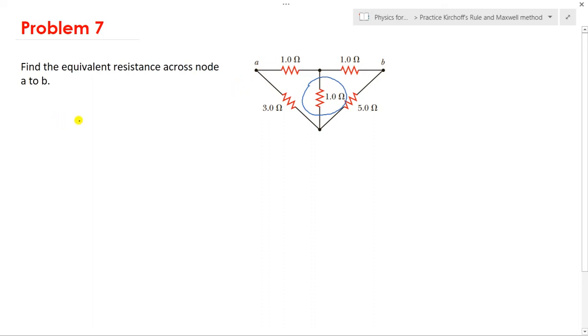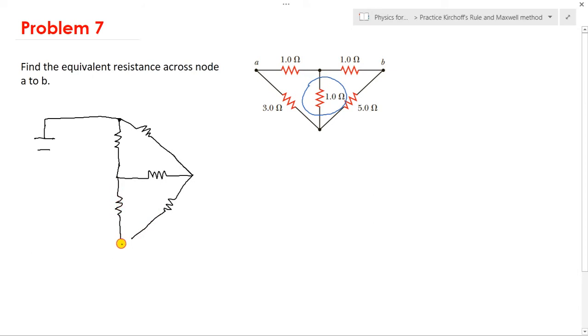So in this diagram, let's say we have a battery source here, connected to nodes A and B. Let's start with B, then the middle, then here, then the lower one, and connect back to the battery.